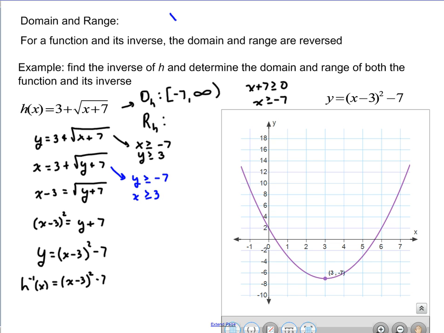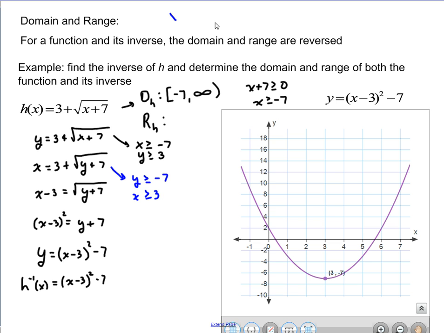This is a function that has a vertex at 3, negative 7. It is not one-to-one, except for the fact that this part of the graph right over here is not in the graph, right? Because in order for that to happen, this graph that has points on it, such as negative 7, 3, would have to have 3, negative 7. It would also have to have 2 points.